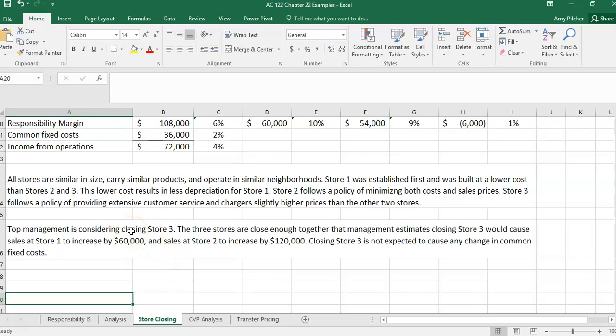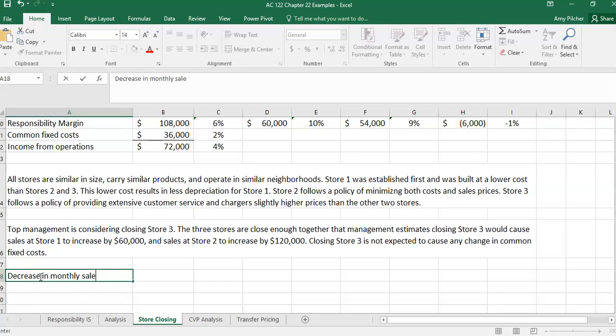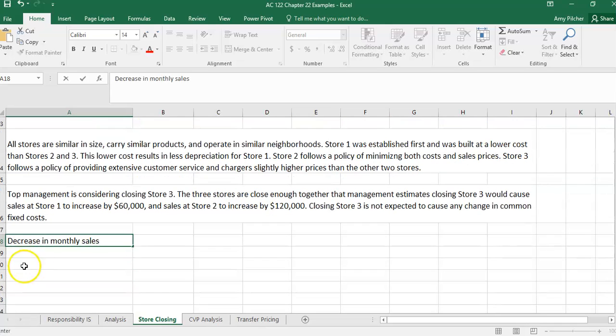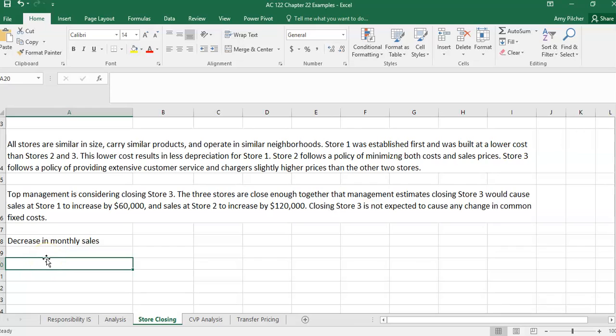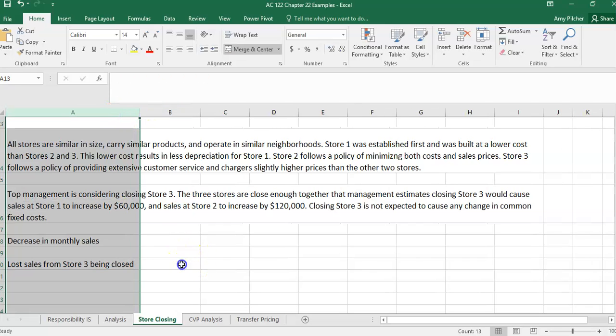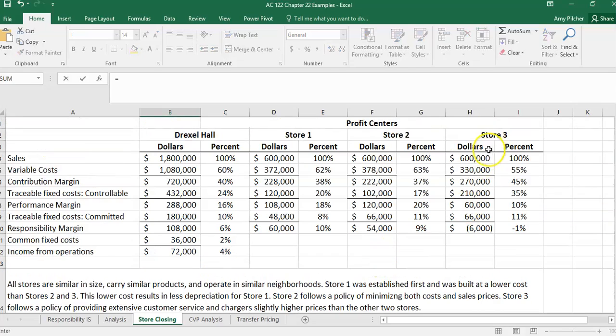First, what is our decrease in monthly sales if we close store 3? We're going to have lost sales from store 3 being closed. Right now, store 3 has $600,000 in sales.